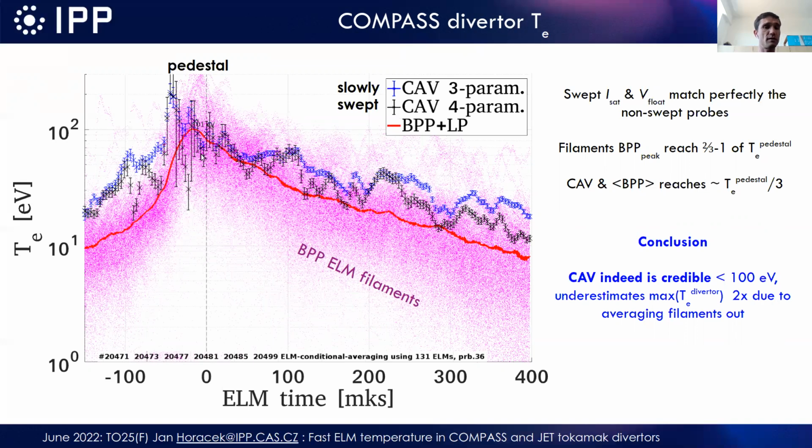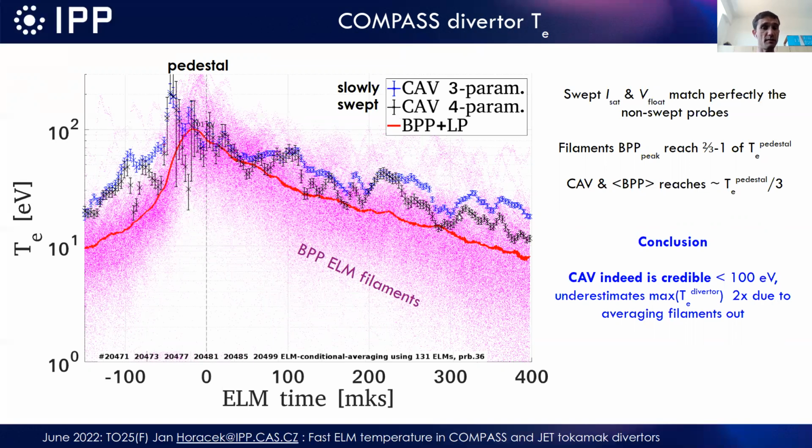In other words, if we measure it fast using the ball-pen Langmuir probe array, we see more or less the same value at the peak maximum, about 100 eV. The pedestal was around 300. We can see the filaments go up to the pedestal, but the conditional averaging value goes to about two-thirds of the pedestal, a little higher than the mean value of the filaments.